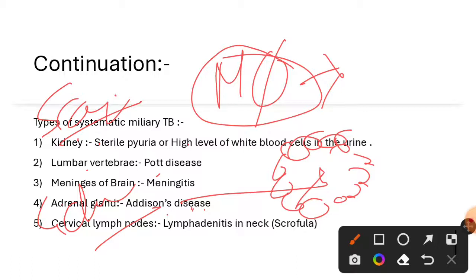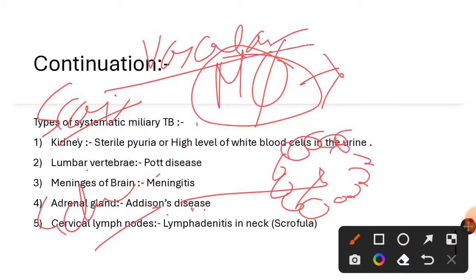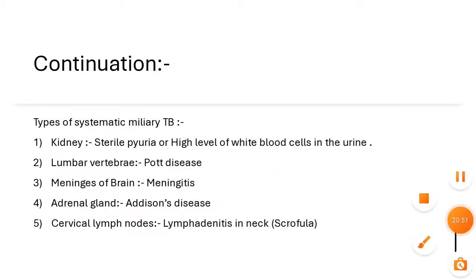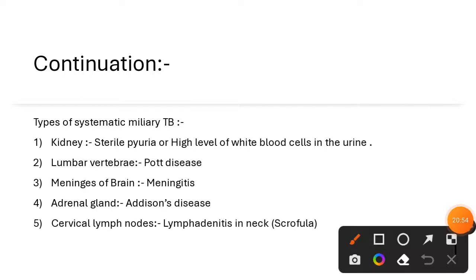Another possibility is that they can go through vascular pathways. If they take this road to spread, each and every part of the tissue in our body is now at risk, because they can go to any part of the body, and such a condition is known as systemic miliary TB.